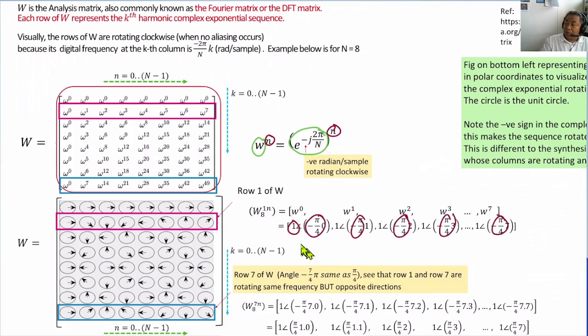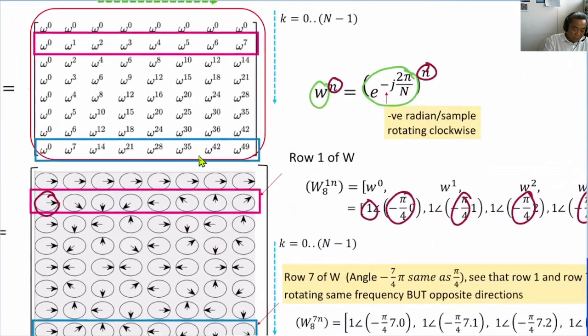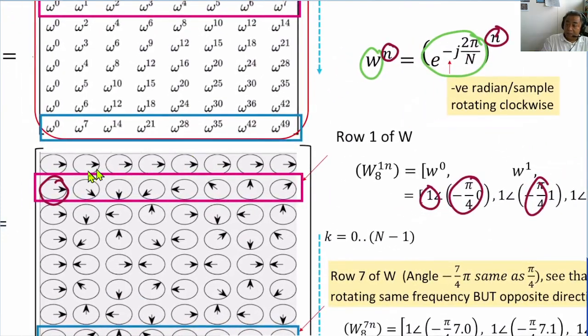And now, since all the magnitudes are 1, along this row, I draw a circle with constant radius to represent that the phasor has magnitude 1. Now I plot the phasor for different phase values across n.